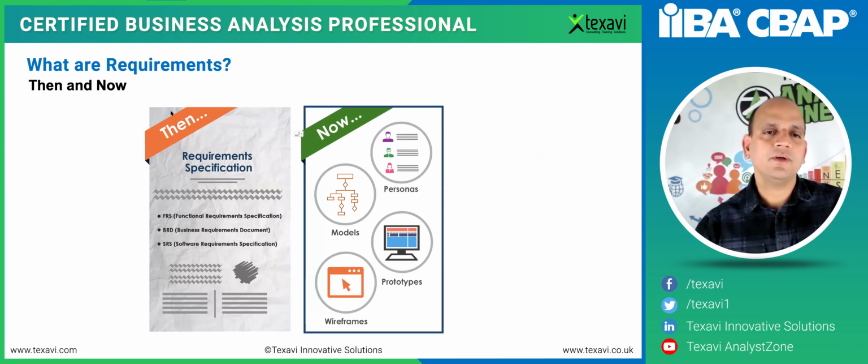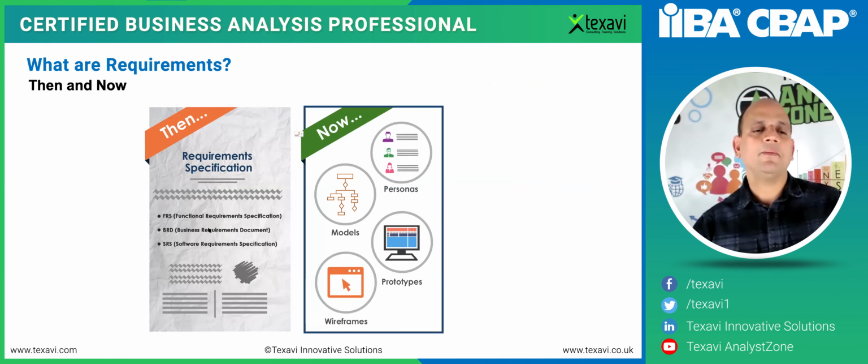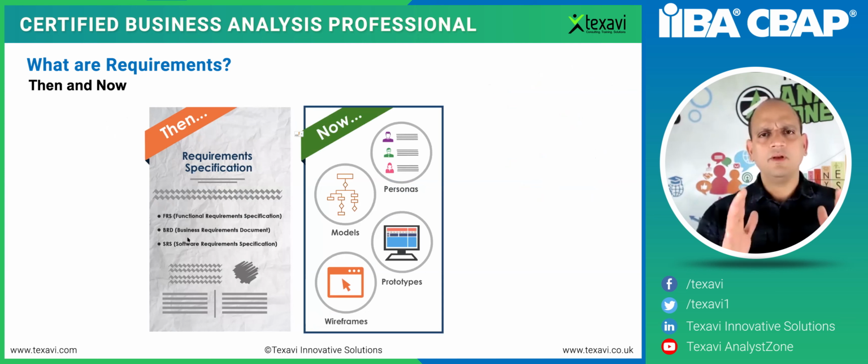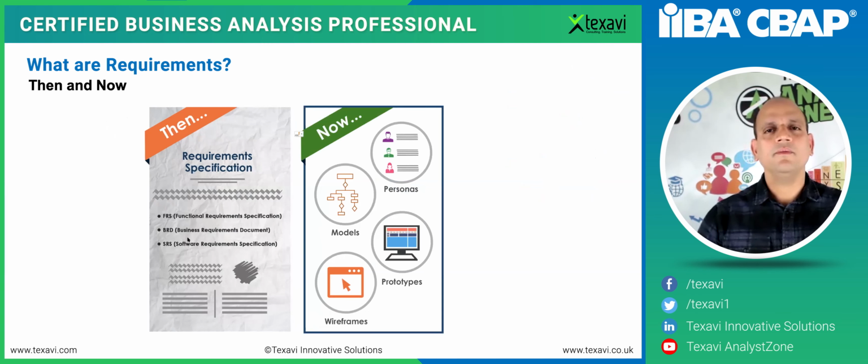We discussed this in the other course as well, so I don't want to delve deeper on this, but requirements back in those days, in the traditional waterfall type of projects, were basically the functional requirement specification, the BRD, business requirements document, software requirement specification, the MRD, market requirements document, URD, user requirements document, and so on and so forth. 500, 600, 1,000 pages of documents used to be the guiding factors for how the project would shape up.